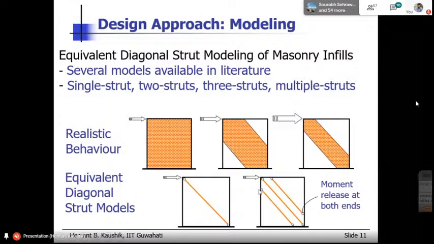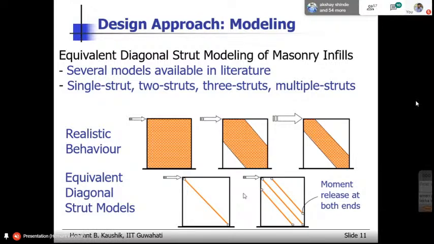shear force is transferred at a point, right? Here what was happening? The entire force from this strut was actually transferred to this length of the column. So the failure was gradual here, but in this case the failure was sudden because the entire force was transferred to a point. So that is why people were not really happy with even the multiple strut models. So therefore, it is not very common.